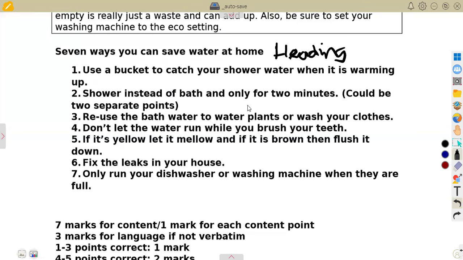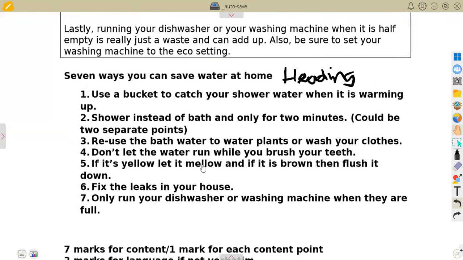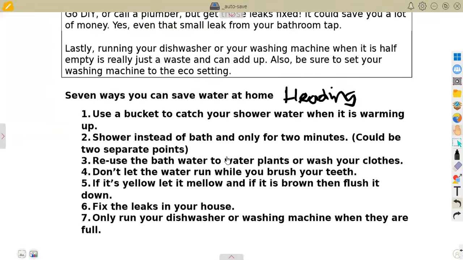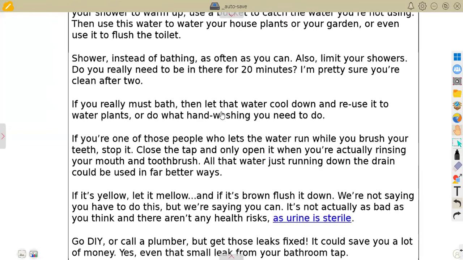And then if you can see number 1 there, we are saying use a bucket to catch your shower water when it is warming up. That one is a very interesting aspect. We are saying use a bucket to catch your water when it's warming. And then let us go there to the question paper.